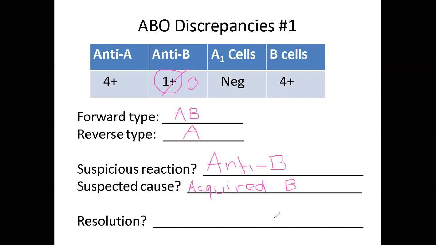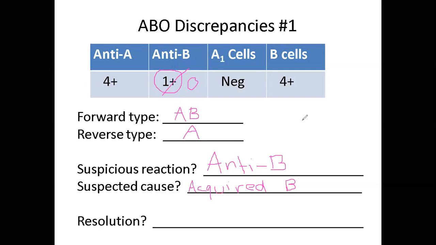They don't really have the B antigen, but in our testing it looks like they do. Knowing the patient's history would also be very helpful, because individuals with gastrointestinal diseases can sometimes have a modification of their A antigen, and it can look like they've acquired the B antigen in our testing.